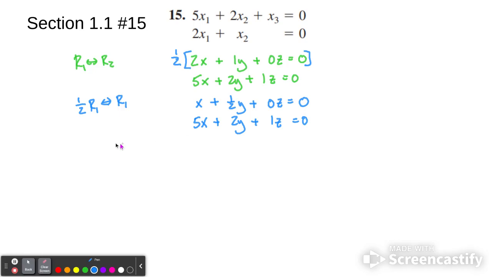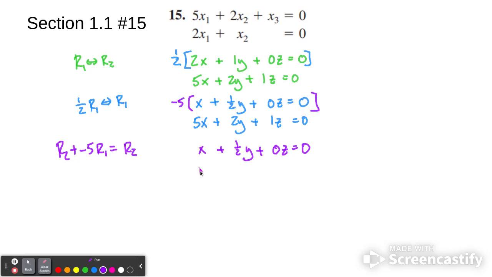So now, on the next one, I'll change colors again, and we're going to take R2 plus -5 times R1, and that's going to give us our new R2. So we bring down our R1, x plus 1/2 y plus 0z is equal to 0. Now we take -5 times this and add it to this, and that'll give us our new R2.